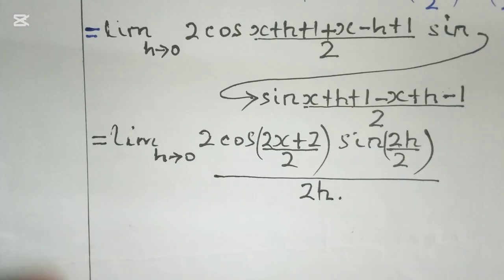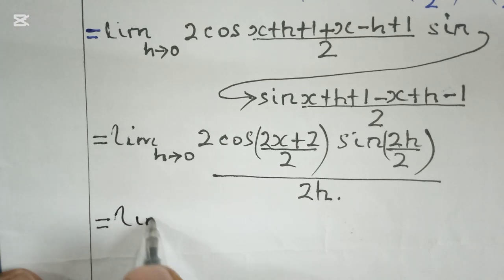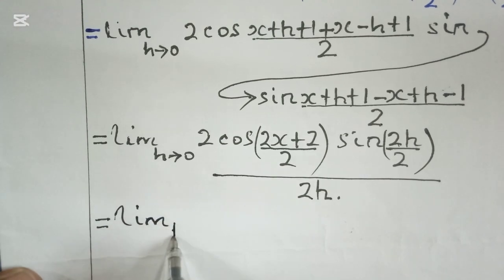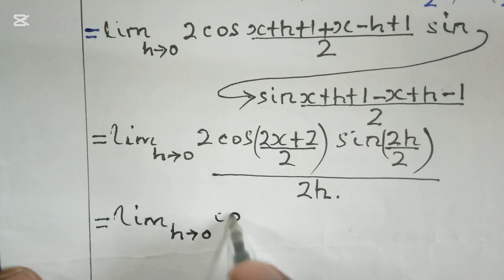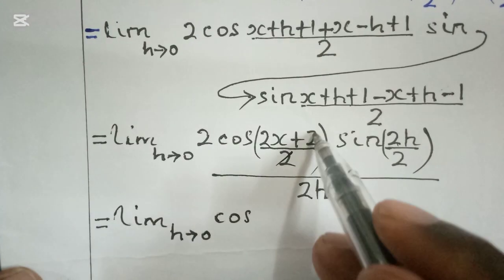And so therefore, we are going to have the limit as h tends to 0 of cos(x + 1), for cos we can divide this 2 like that.